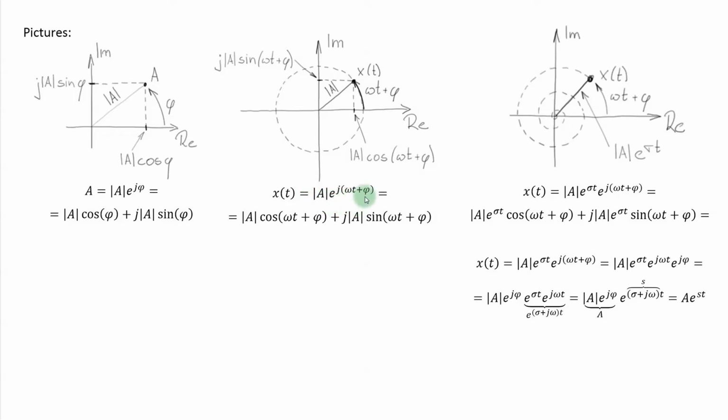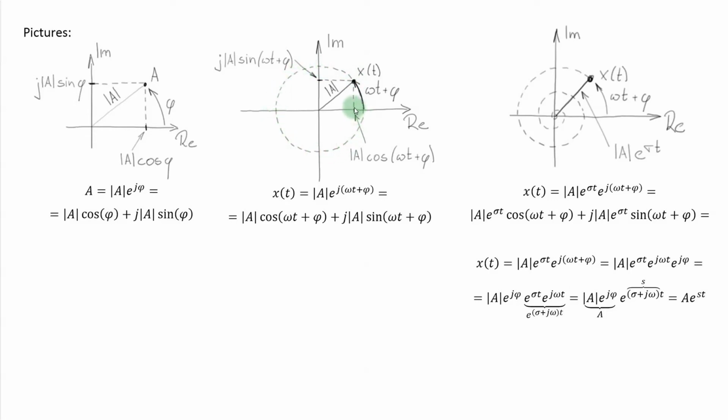So this is a signal which I will denote as x of t. This is how you can visualize it. My signal x at time 0 will be at this point, and this phase is phi. Then, as time rises, so will the phase of the value of my complex signal. So as the time rises, the value of my signal will move along this circle like this.